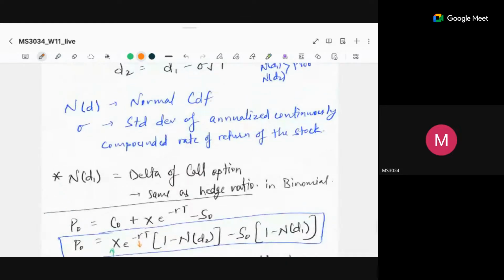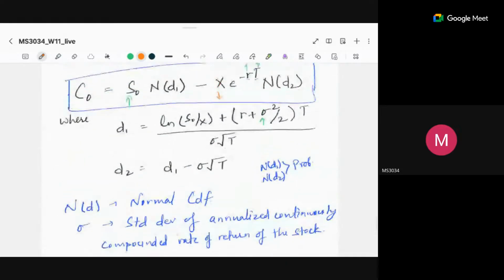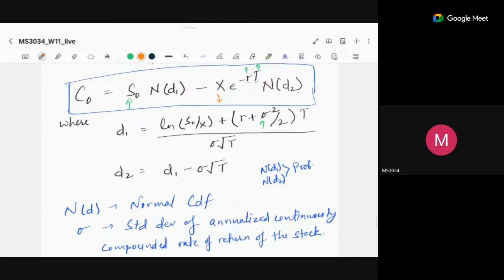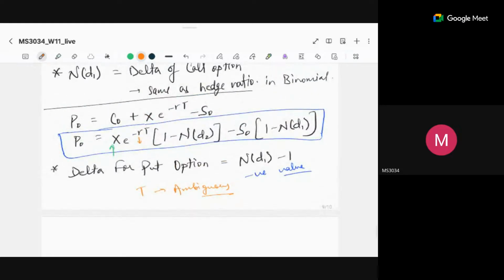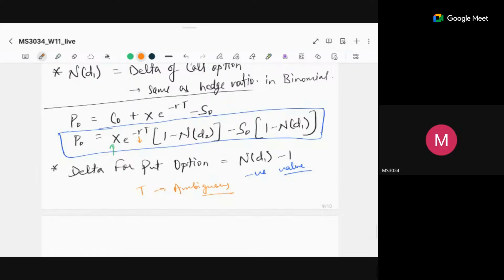For the call option it is certain because it has a positive relation with T here and here also, but here with D1 and D2 it has a positive relation while here it has a negative. So overall the relation with T is ambiguous for the put option, and with S naught it has a negative relation. Okay, so these were the relationships which we established earlier, and we have done this comparison using these formulas as well.